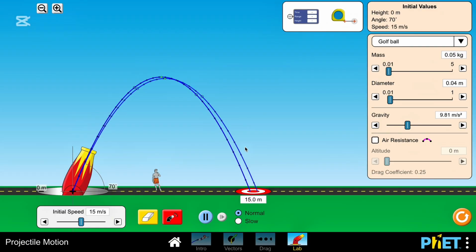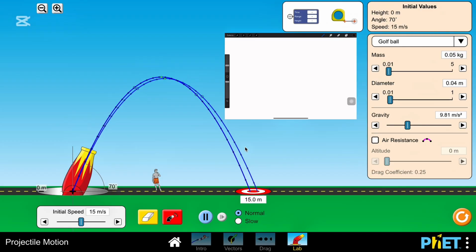Okay, we have initial velocity, it's 15 meters per second. Then we know that the gravity is 9.81 meters per second squared, because it's acceleration.